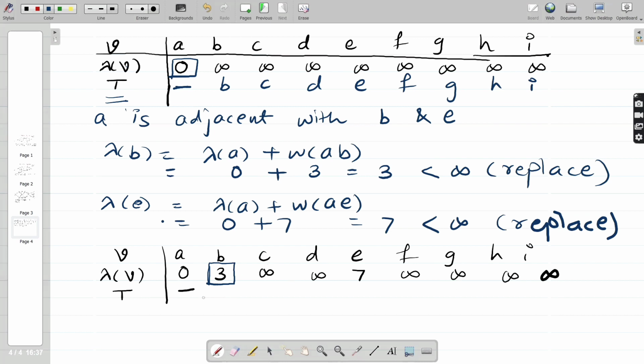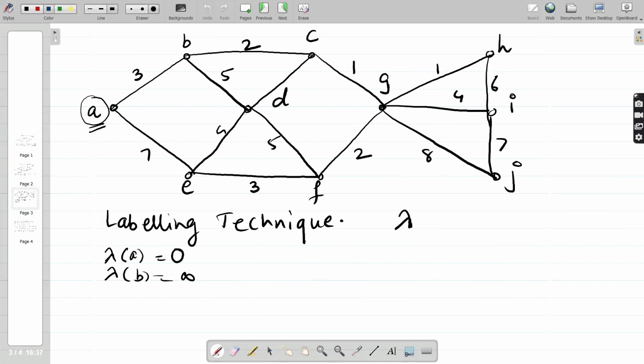So we will see now B is adjacent with which vertices from T. T does not include A and B now. B is adjacent with C and D.